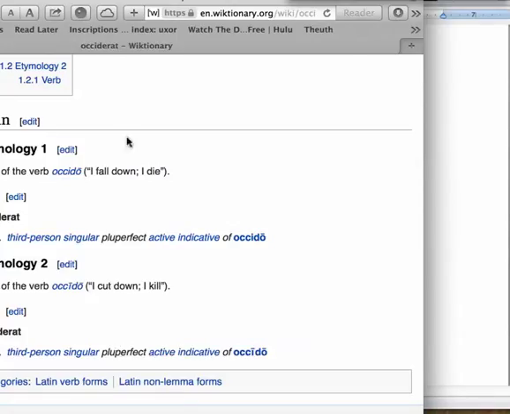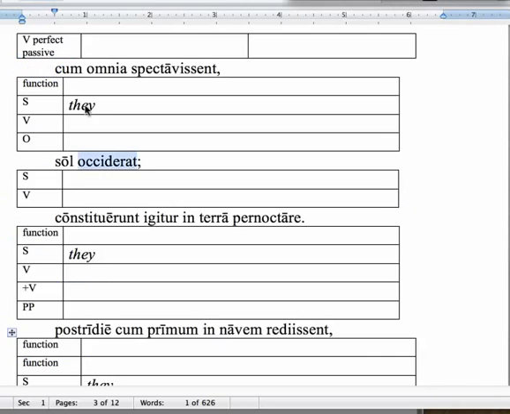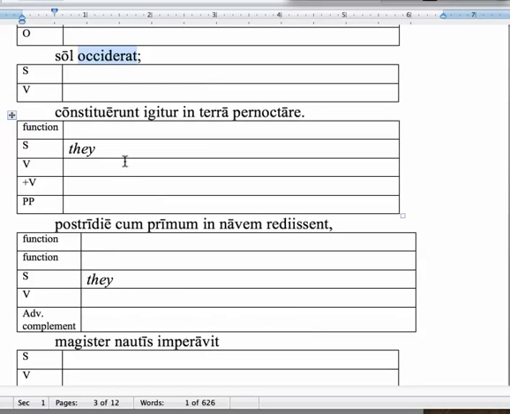So had fallen down, or had set in this case. The sun had set, past perfect. Igitur in second position as the function word. Therefore, verb is constituerunt. Pernoctare is the plus verb, the infinitive it's called, and the prepositional phrase is in terra, not ligatur.